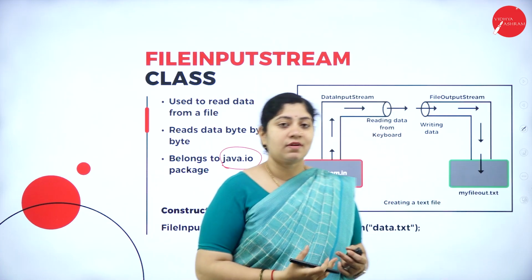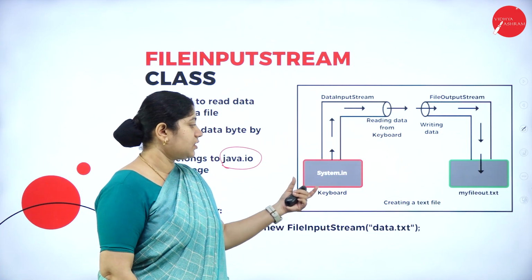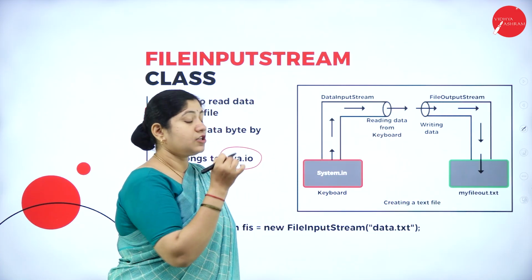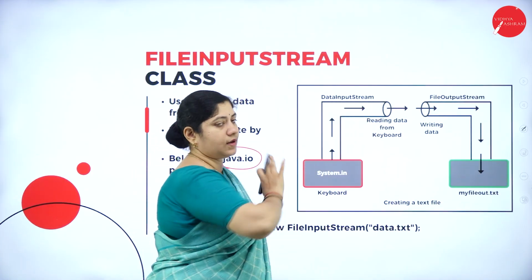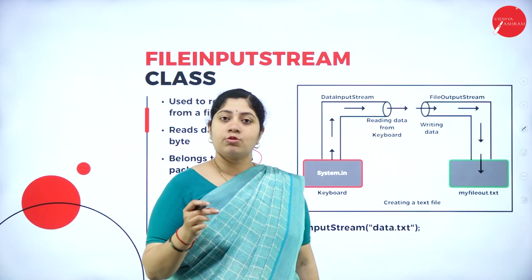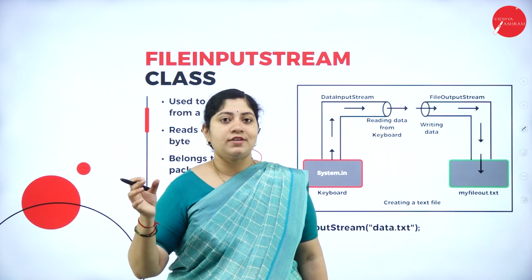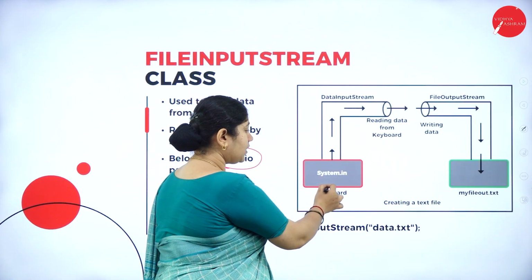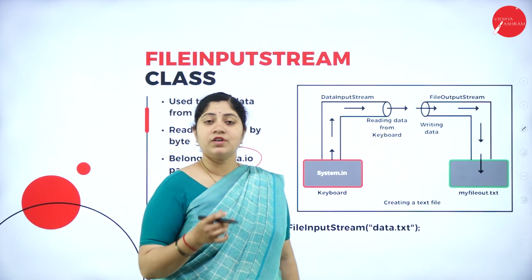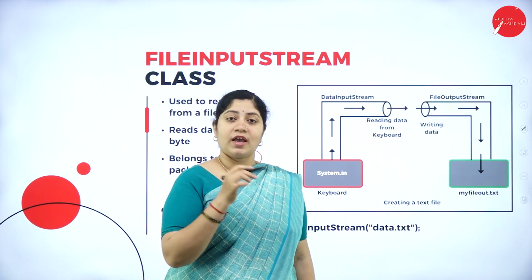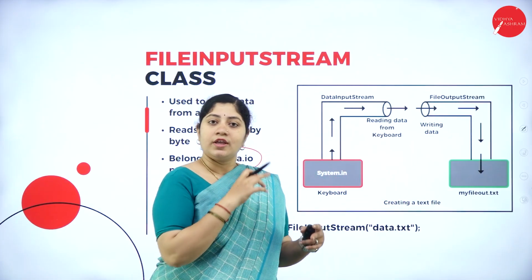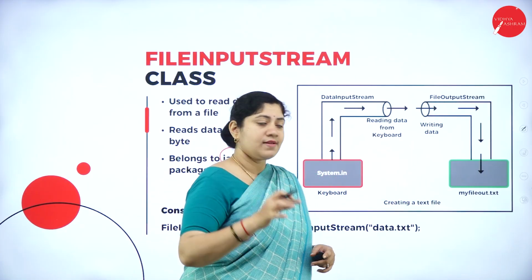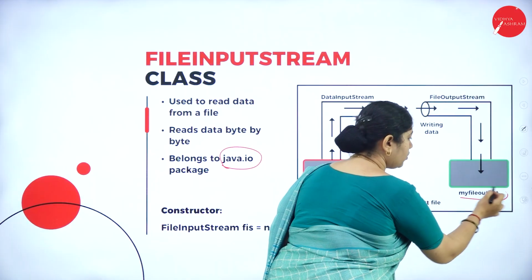So let's see a representation of this. Over here we can see that we are utilizing the keyboard, that is none other than System.in, to input the data. This data will be transferred byte by byte. The data is read from the keyboard byte by byte, then follows the output stream path and reaches the .txt file.